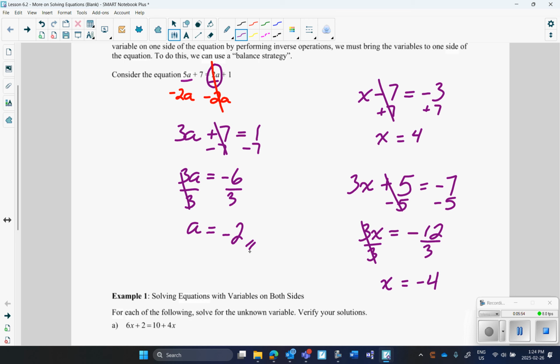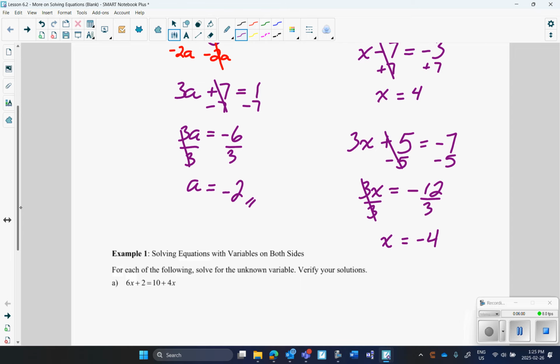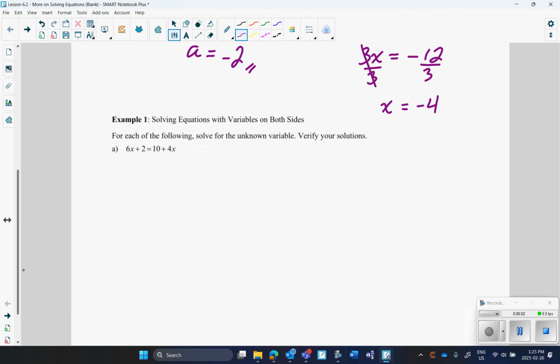So it's one extra step when you've got variables on both sides. Okay? As soon as you see variables on both sides, bring the one on the right over to the left.